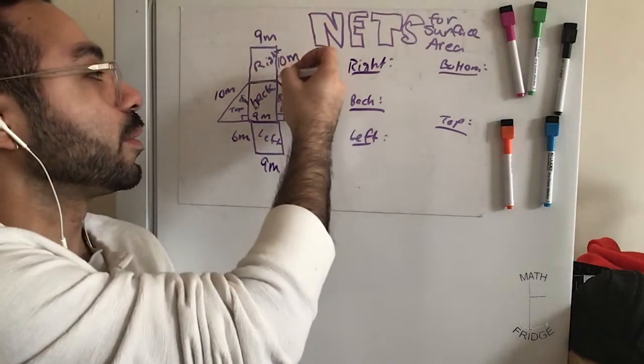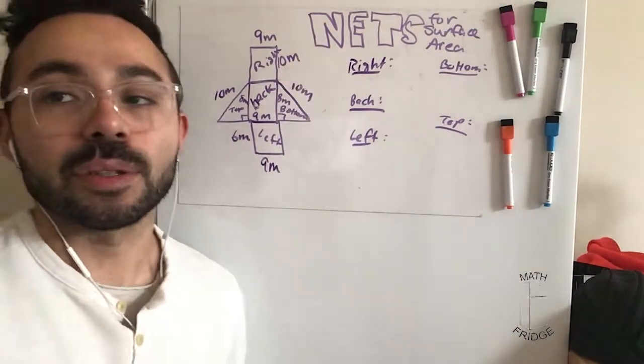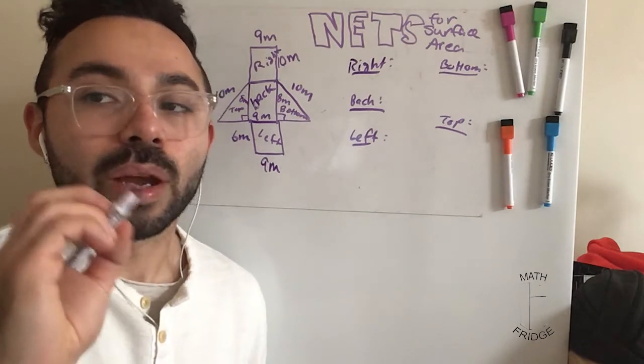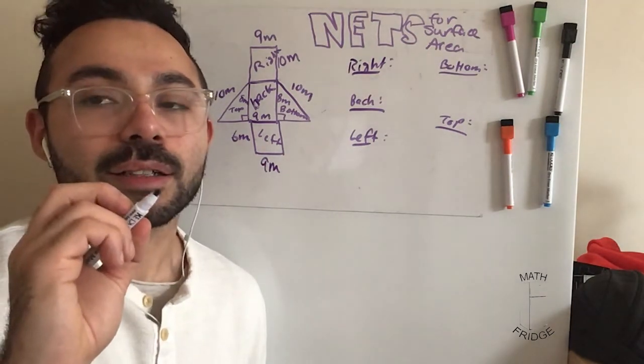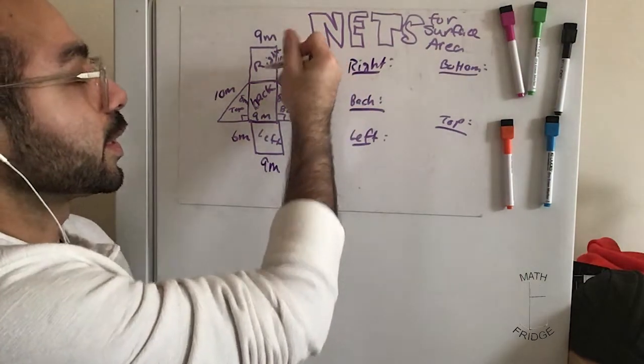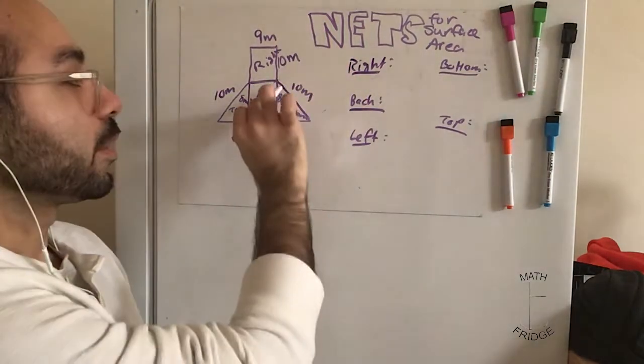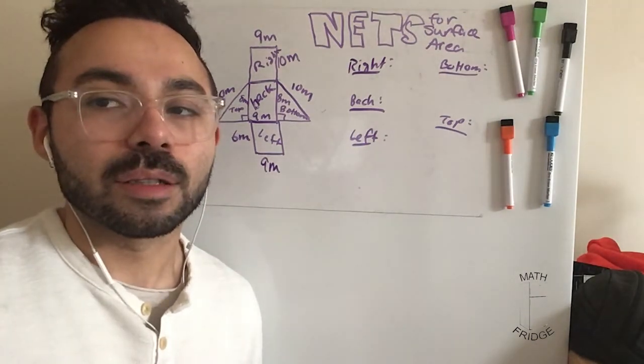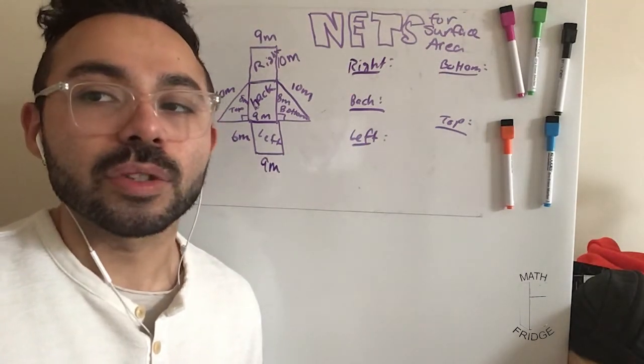So just remember that. I'm not going to write that down, but the right face length here is going to have the same length as the hypotenuse of both of the right triangles. That should help you label the right face of your prism.